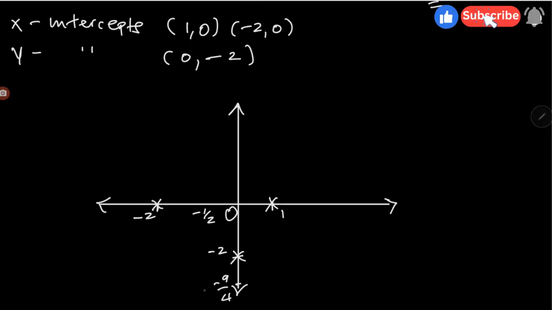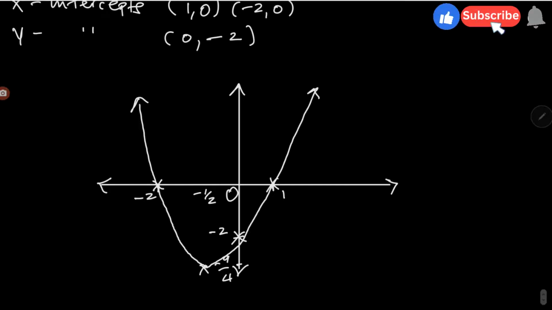So remember, the nature of our graph is opening upwards. So it will come from this end, pass through our first x point, then turn at this point, cross the y at that point, cross the x again at that point, and continue on. So that's our graph.